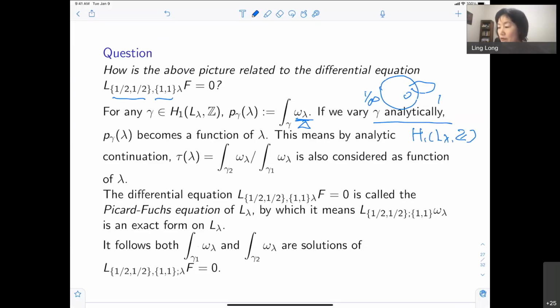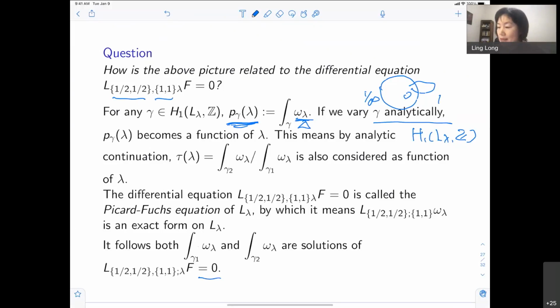So as we vary lambda, we get to the integral. Now it's not a single complex number, but it's going to be a function of lambda. Right. So now, what is the Picard-Fuchs? The Picard-Fuchs basically is going to be which differential equation, when you apply it to the value, is going to be 0.